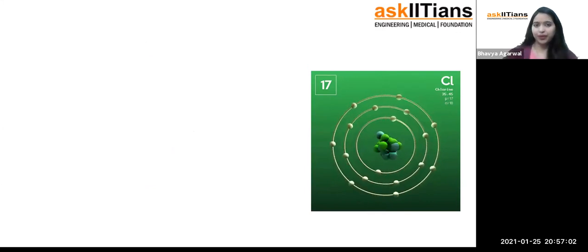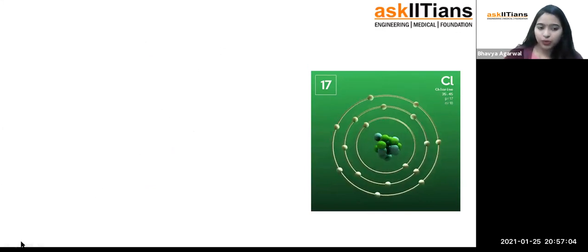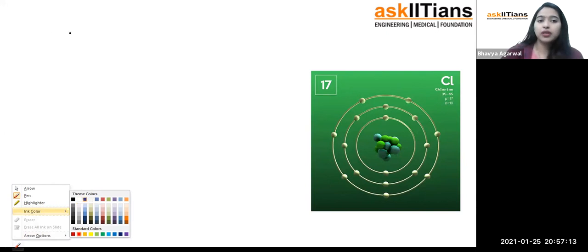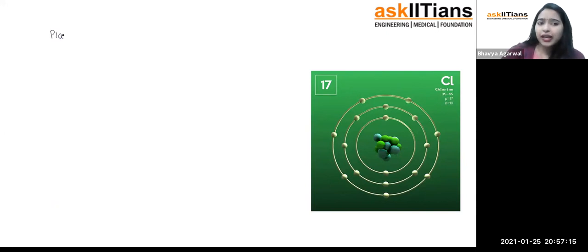This is basically the structure of chlorine. Now, we'll talk about a model which is known as the planetary model. Now, you know that we have a solar system, right? And in a solar system, we have the sun around which all the planets move, right?